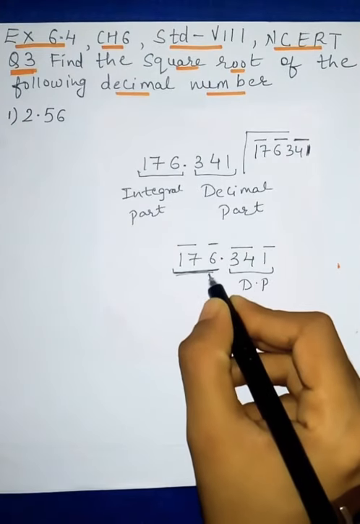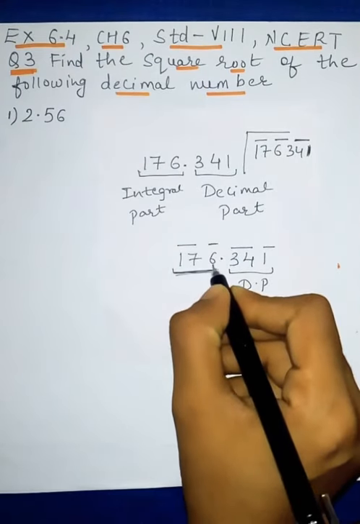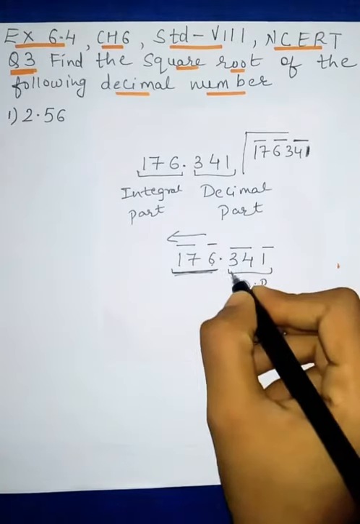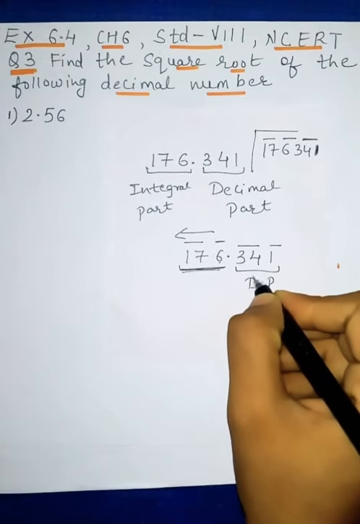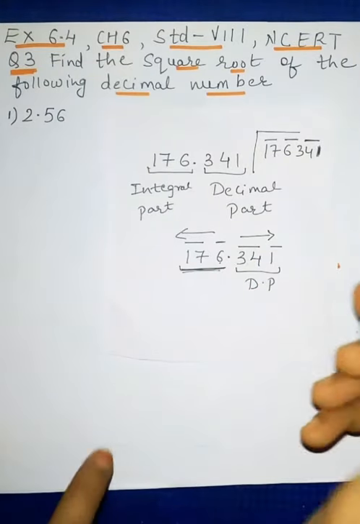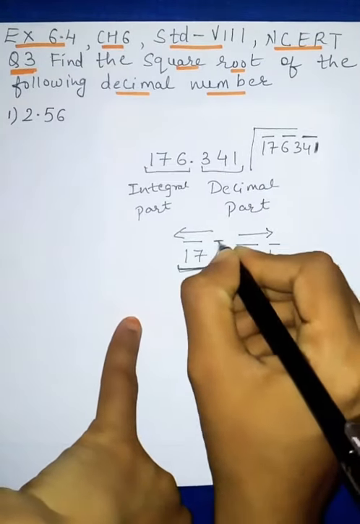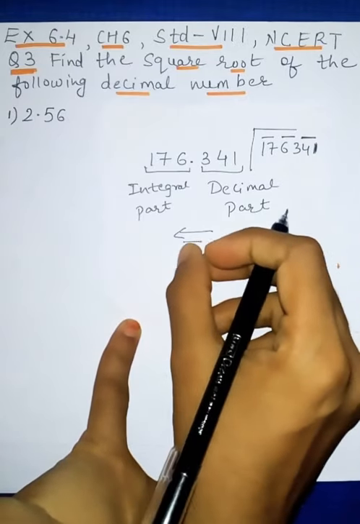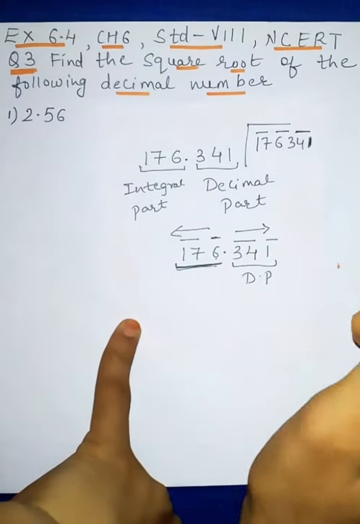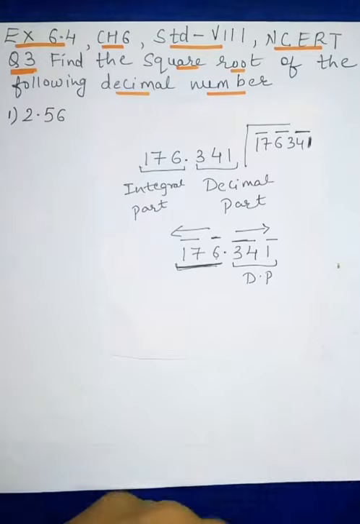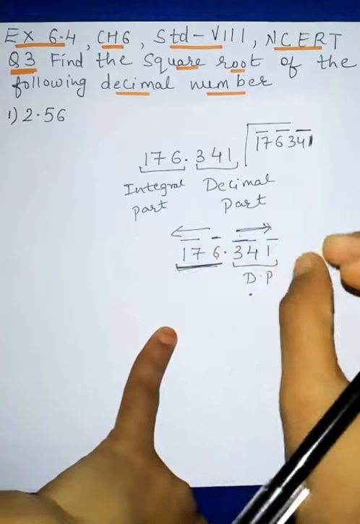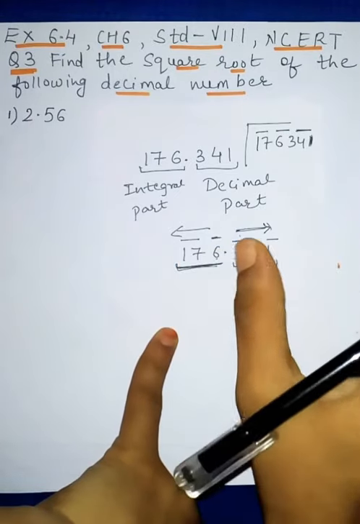फॉर 176 वी स्टार्ट फ्रॉम द यूनिट्स प्लेस, ओके, एंड वी मूव टूवर्ड्स द लेफ्ट साइड फॉर ड्रॉइंग द बार. एंड फॉर 341 वी स्टार्ट फ्रॉम द डेसिमल पार्ट, ओके, एंड वी मूव टूवर्ड्स द राइट. आई होप आई एम क्लियर टू यू. पॉइंट के पहले जो भी नंबर है उसके लास्ट डिजिट से स्टार्ट करेंगे, एंड वी विल मूव दिस साइड एंड वी विल गो ऑन ड्रॉइंग द बार. और पॉइंट के बाद जो भी दिया है डेसिमल पार्ट, तो वहां पे स्टार्टिंग से आपको बार स्टार्ट करना है, एंड देन यू विल मूव दिस वे टू द राइट साइड. ओके, सो दिस इज द मेथड ऑफ ड्रॉइंग द बार. आई होप आई एम क्लियर टू यू.